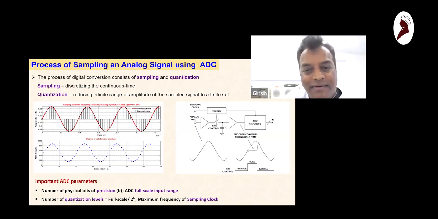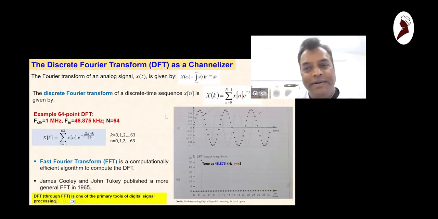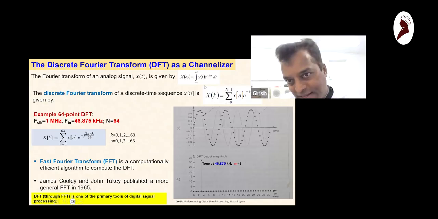So with that, we now have a brief understanding of what an A to D converter is. Then we go to the Fourier transform part. This is the standard form, which is in continuous time. Because we have already converted the analog signal to a digital signal, we are now working with numbers.